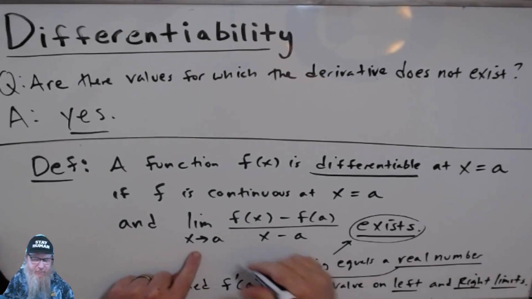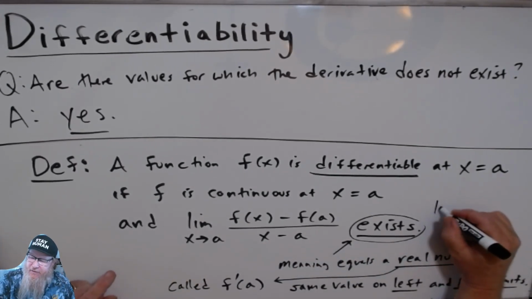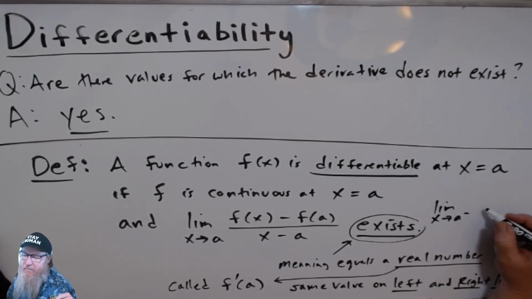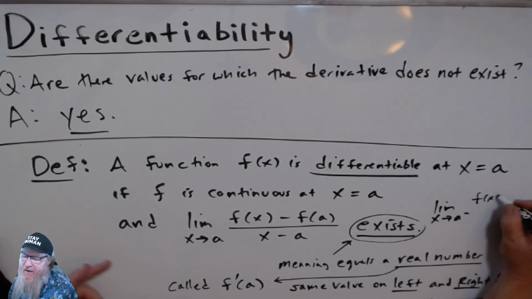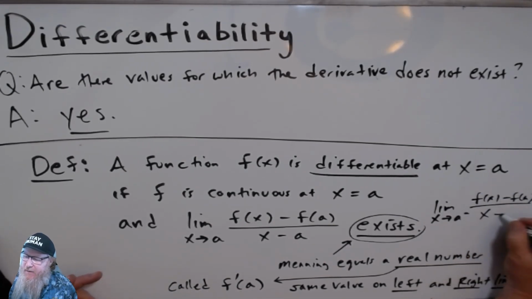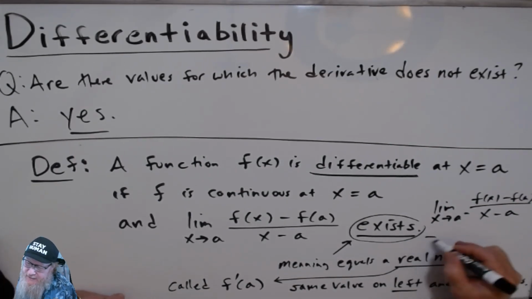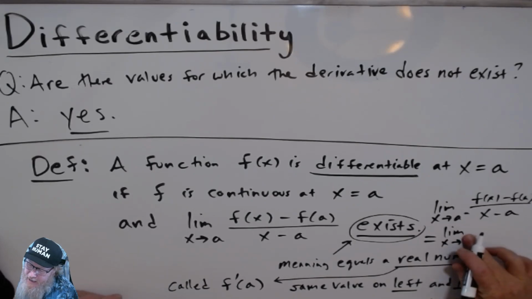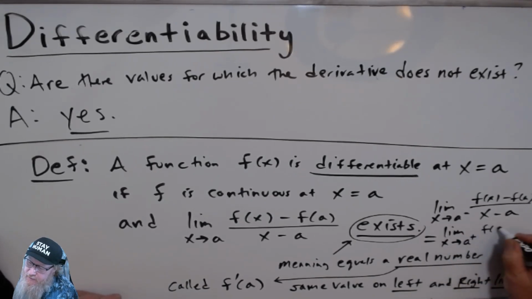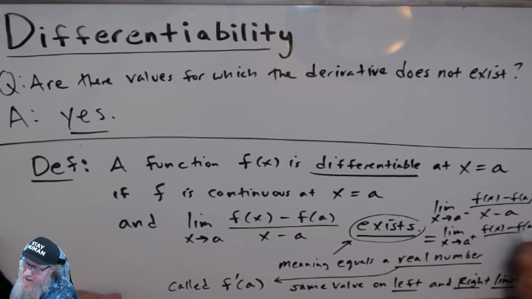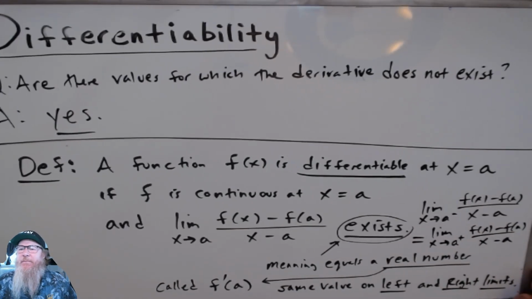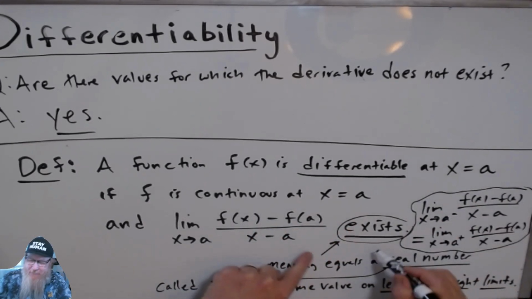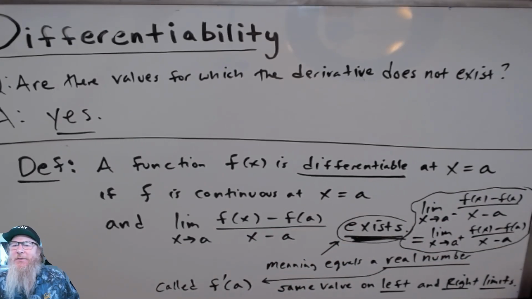Right? So in other words, if we took the limit from the left of all of this stuff, f of x minus f of a over x minus a, we would get exactly the same number as if we took the limit from the right of f of x minus f of a over x minus a. So all of this is just encapsulating what I mean for the limit to exist, right?